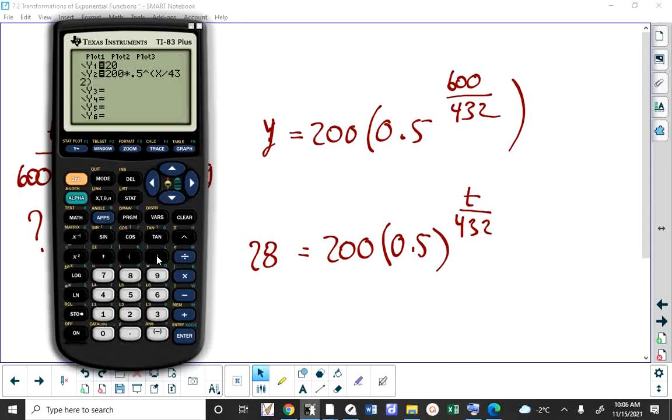What am I going to do for my window settings? Well, I know that this is a decreasing exponential function because the base is between 0 and 1. The base is 0.5. I know that it starts at 200, so it goes down, which means my vertical range is going to be between the x-axis and 200.